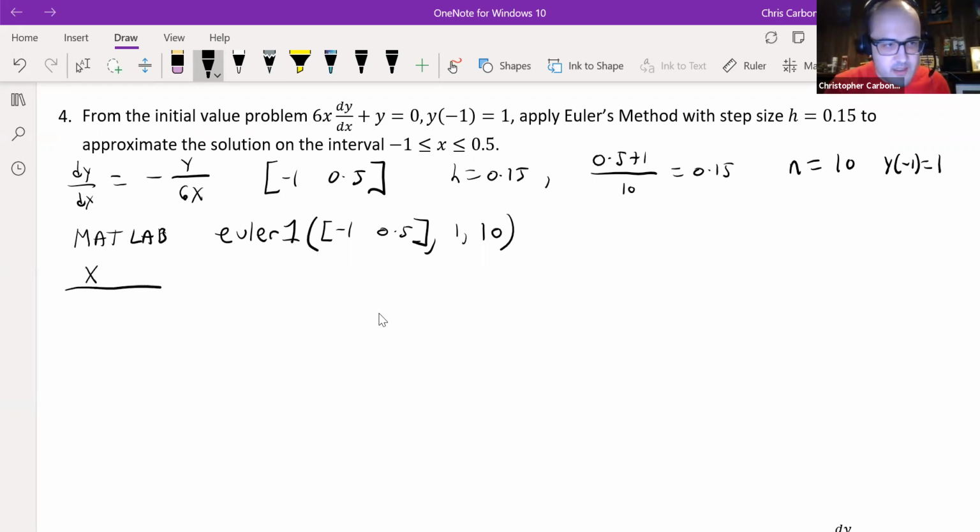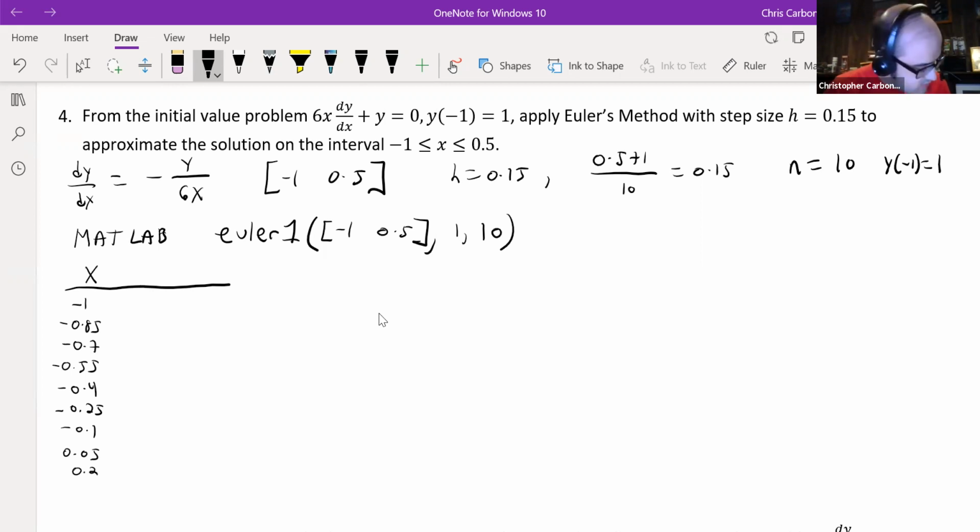So let me make note of these values of x very quickly. This went from -1, -0.85, -0.7, -0.55, -0.4, -0.25, -0.1, 0.05, 0.2, 0.35, and then 0.5.